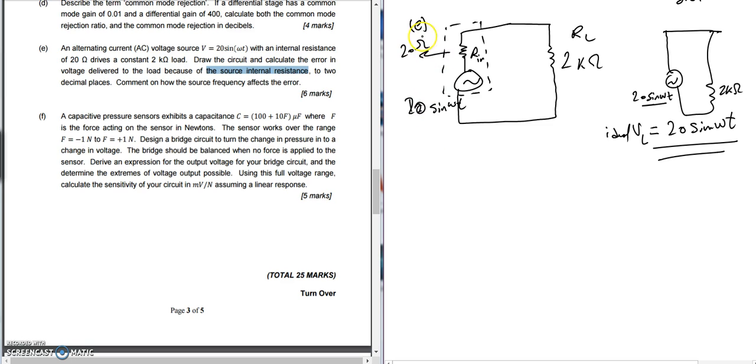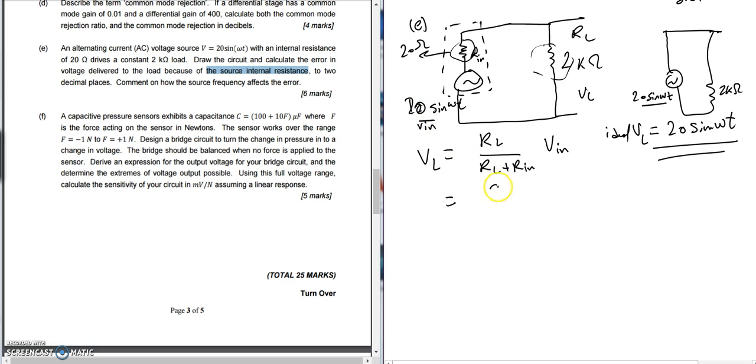Now, given this error, so given this internal resistance, the new voltage will be like a voltage divider, voltage VL. So we're gonna get the ratio between this resistance and this resistance. This resistance is relative to the summation of both, so it's gonna be multiplied by the input voltage. So VL is equal to RL over RL plus RN multiplied by Vn, which is this.